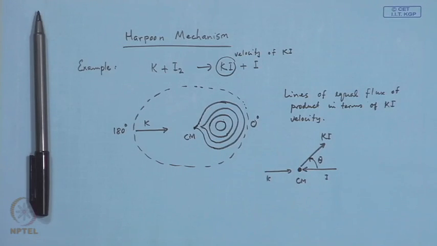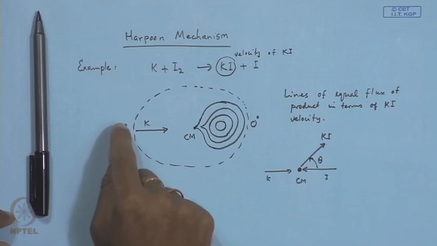Now, when it is the case of rebound, the case of rebound happens when hitting head on. Okay. And in that case, it is strongly backscattering. Now, what is the harpoon mechanism? Now, what is the meaning of this harpoon mechanism?